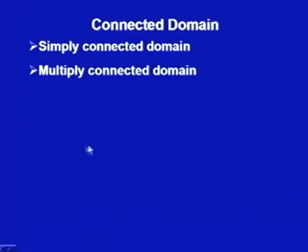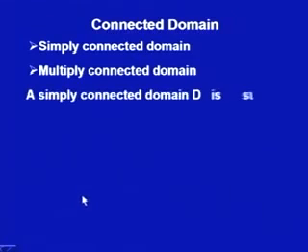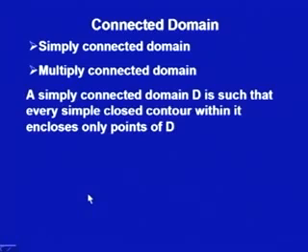Here we will define it simply in two manners: one we would call a simply connected domain and another a multiply connected domain. What is a simply connected domain? A simply connected domain D is such that every simple closed contour within it encloses only points of D. What it is saying is, if I take any simple closed contour, its interior points are only points of D. Let us see some examples here.